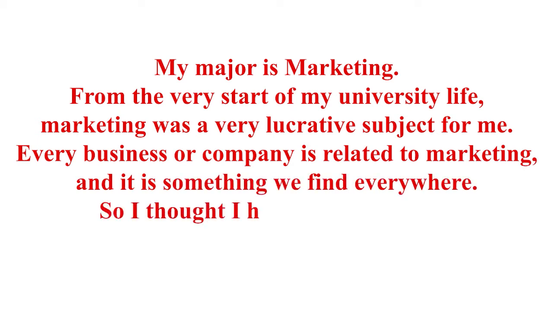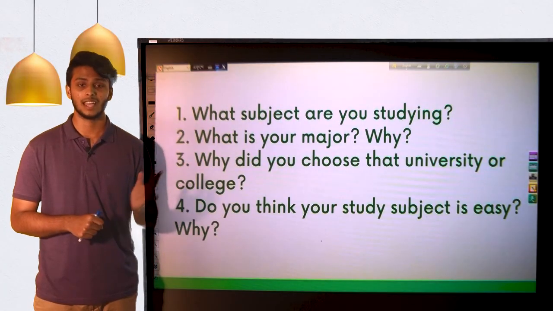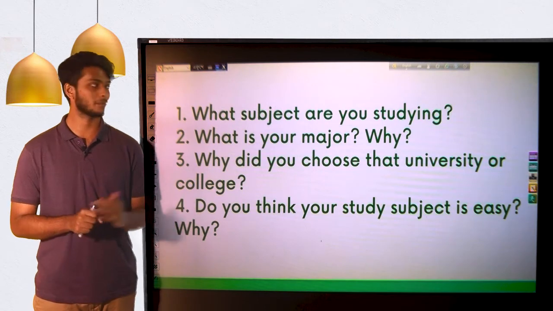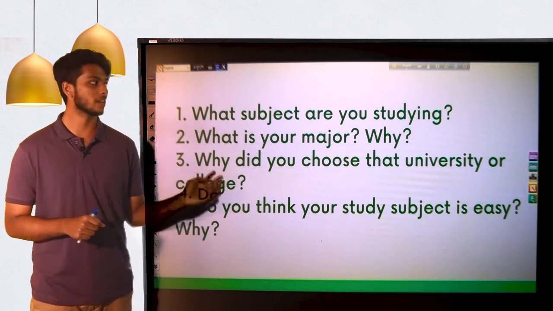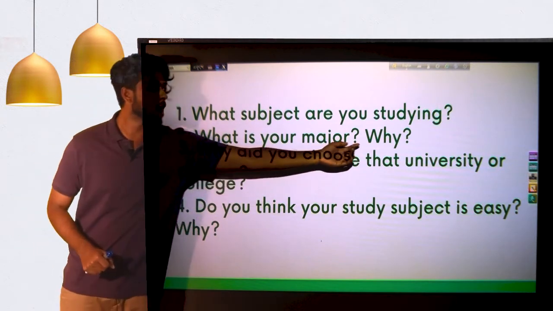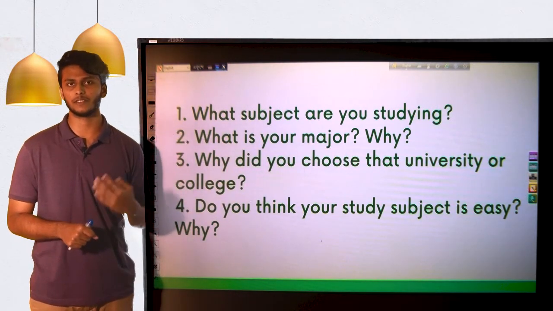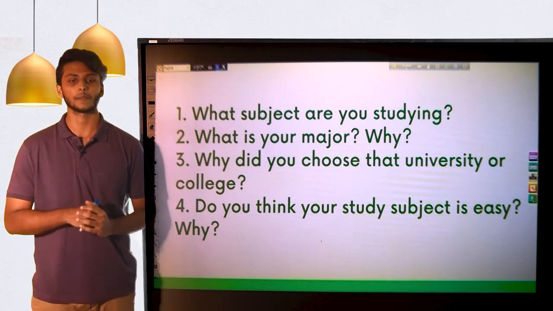So I thought I have the potential to do something in this field. So I chose this major. See how I answer it in 2 or 3 sentences? And here why I say 2 or 3 sentences, because the examiner asked me why, explain why. So I just give a brief about my major in just 2 to 3 sentences.